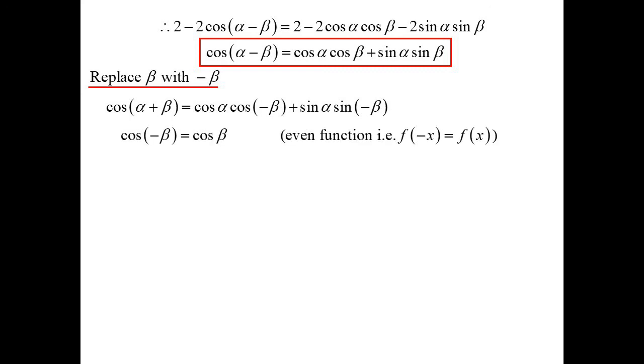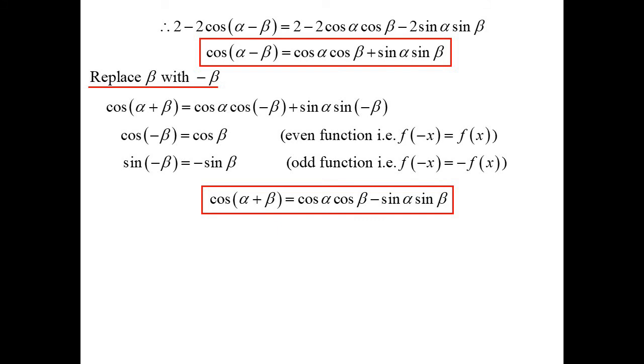So that cos negative beta I can replace with cos beta. Sine, odd function. So I can replace the sine negative beta with minus sine beta. And we get cosine of alpha plus beta is cos alpha cos beta, minus sine alpha sine beta. I could sort of combine that into one little formula there. So when it's plus minus, it's minus plus on the other side.